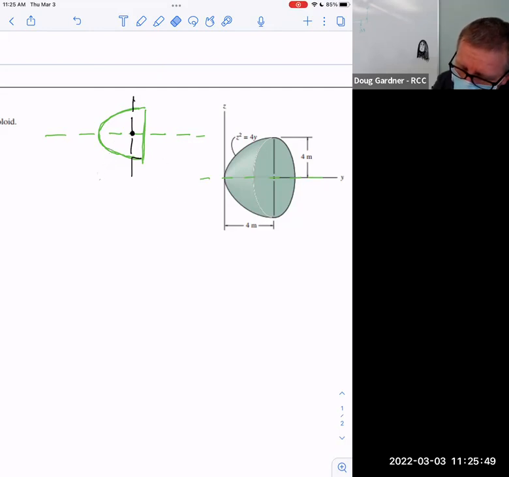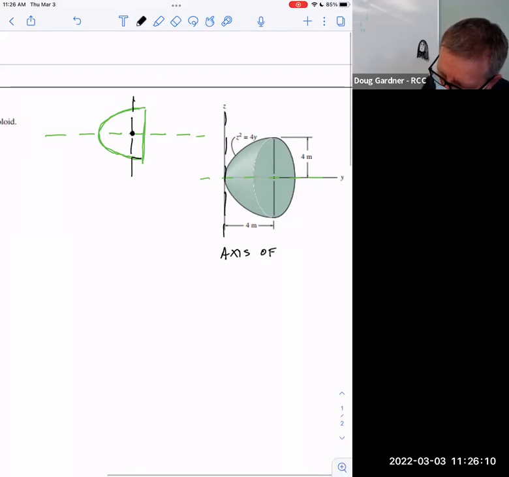Well, what we did the other day is we took slices and we let rectangles rotate around what we called our axis. Well, this is going to be, again, just for simplicity, I'm going to make this our axis of rotation, I guess. It's like we're going to have the shape rotate around that axis.